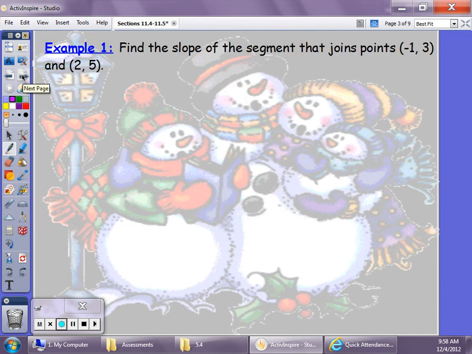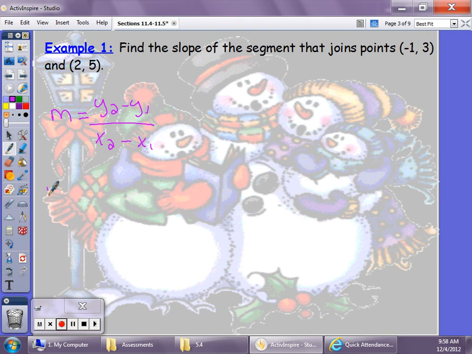In example 1, we are going to find the slope of a segment that joins the points (-1, 3) and (2, 5). So recall from the previous slide that the slope, which is m, can be found by taking y2 minus y1 over x2 minus x1.